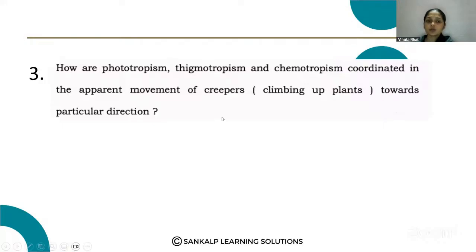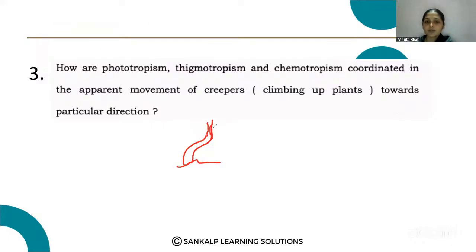How do phototropism, thigmotropism, and chemotropism coordinate the apparent movement of creepers towards a particular direction? Phototropism means the growth of the plant or the climber towards the light, and thigmotropism is towards the touch, right?